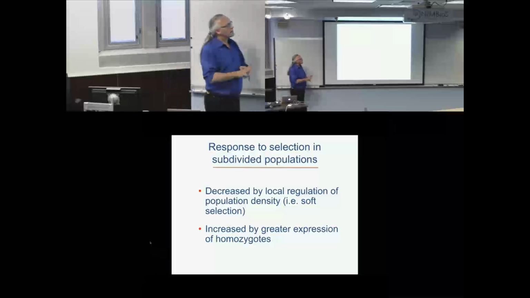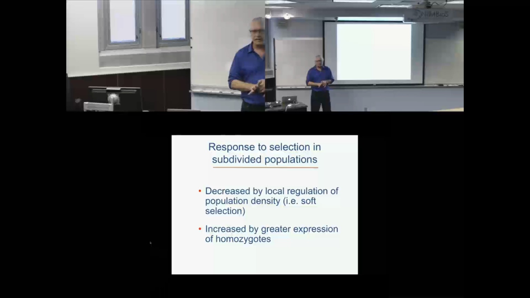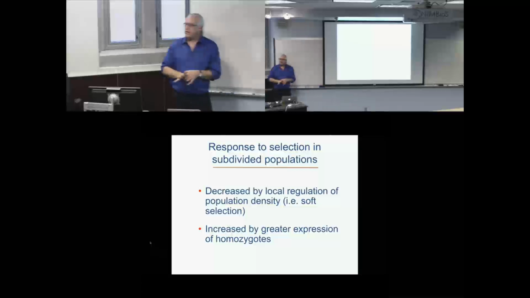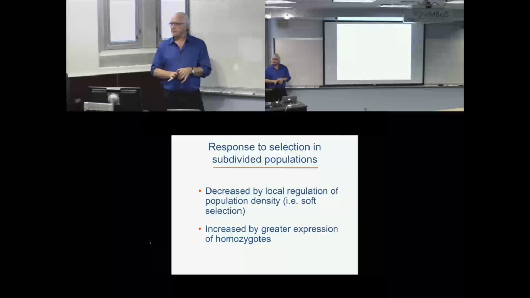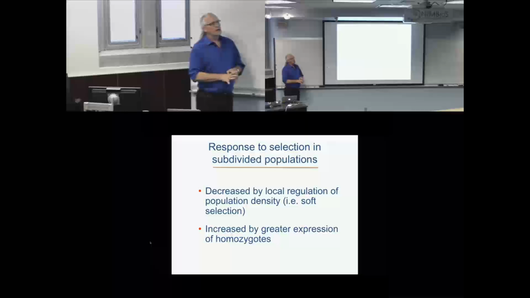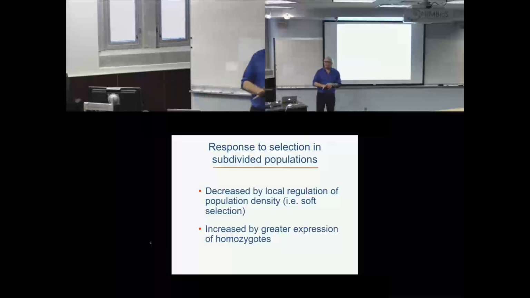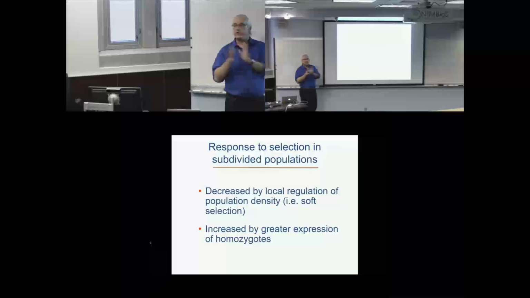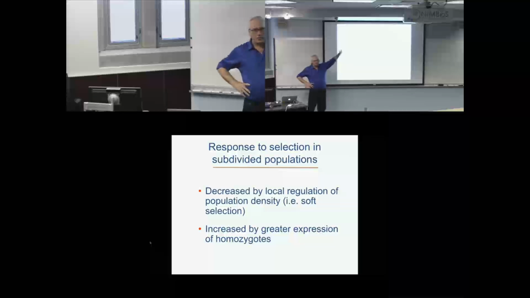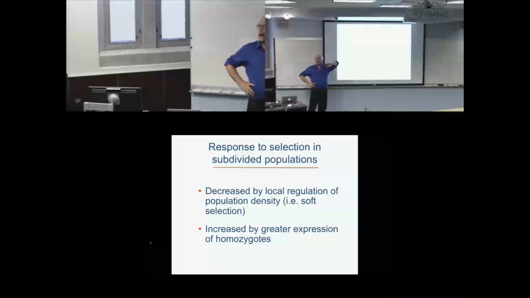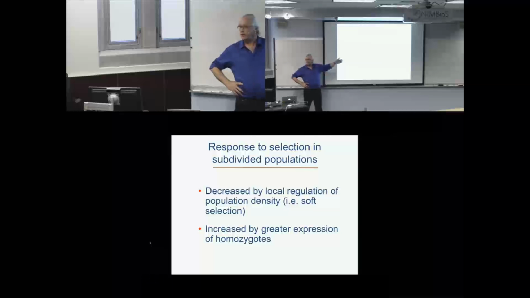Okay, now before I started this, I'm thinking, there's actually 2 things that could happen here, right? There's 2 kinds of things that I could think of that would affect the way selection worked in a structured population. Even with this simple model, by the way, the selection's so simple, those are the fitness coefficients everywhere, right? There's no heterogeneity in the environment in terms of how selection works in this model.